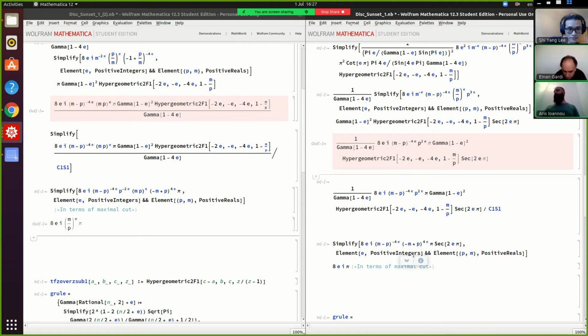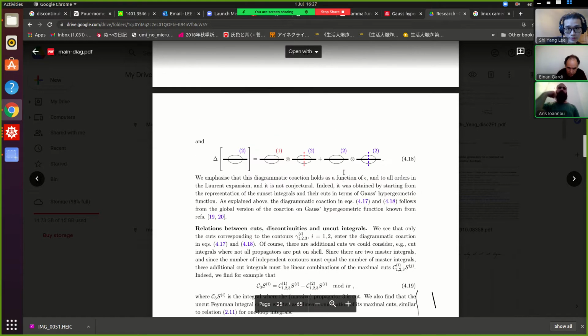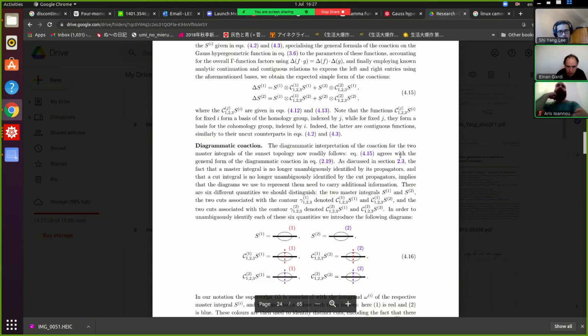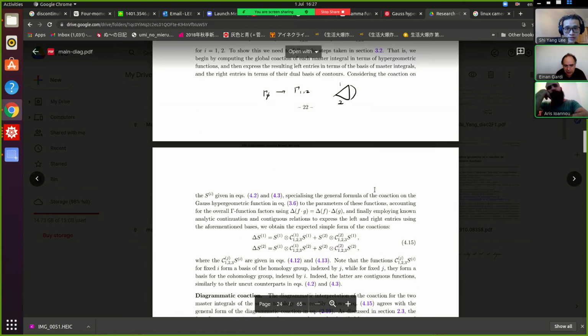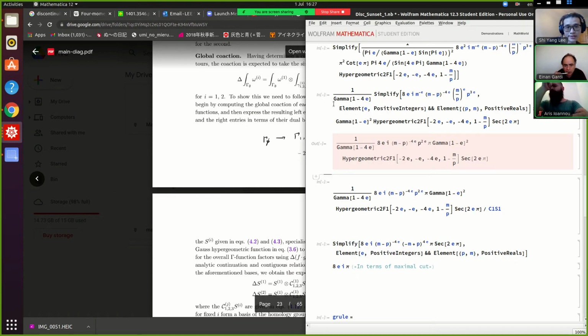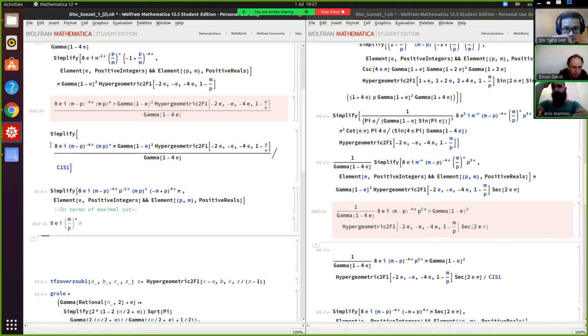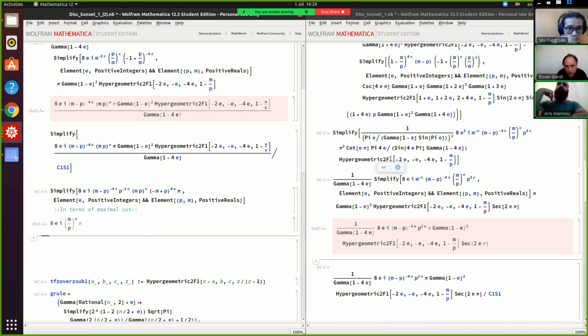Look at equation 20 or 19 there in the paper. You divided what by this expression? Yeah, well, I think my question is not clear. What have you divided? What is the numerator? What object have you divided by the maximal cut?